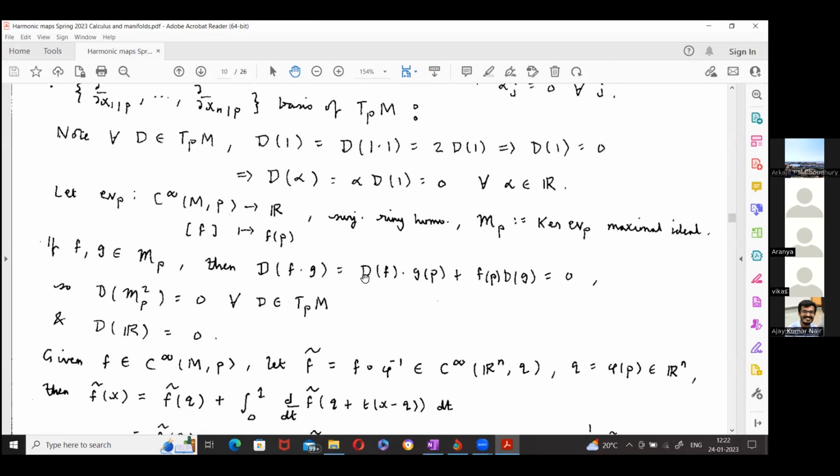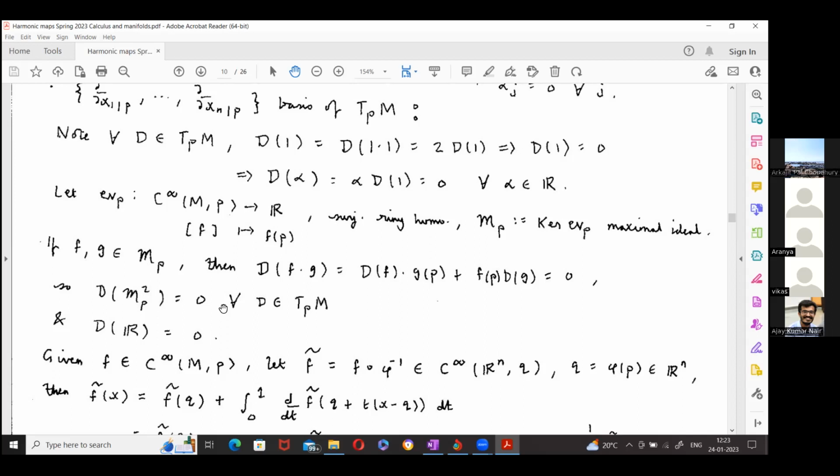By the Leibniz rule, d of f into g of p plus f of p into d of g. But g of p is 0 and f of p is 0. So this becomes 0. Therefore, d of fg is 0 for all f, g in the maximal ideal. That means that d vanishes on the square of the maximal ideal, M_P squared. Is that clear?